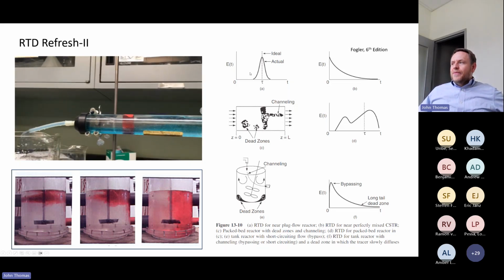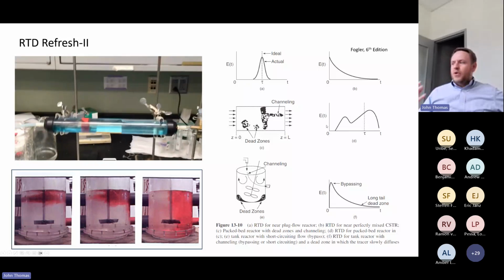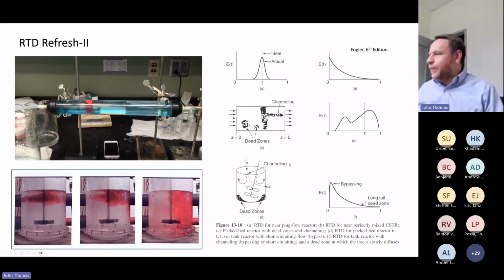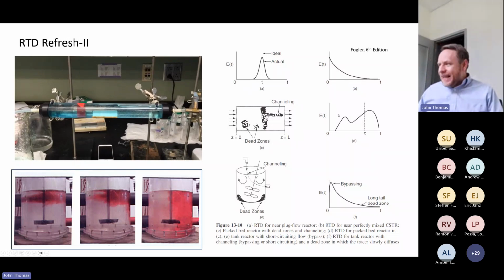But foundationally, the RTD we measure is typically used to characterize what's going on inside the vessel. So for example, if I've got some sort of channeling with dead zones inside this packed bed, I can get a very funny exit age distribution that's nothing like a plug flow, for example, but gives some clues as to what might be going on. Tau, of course, is representative of our mean flow field.